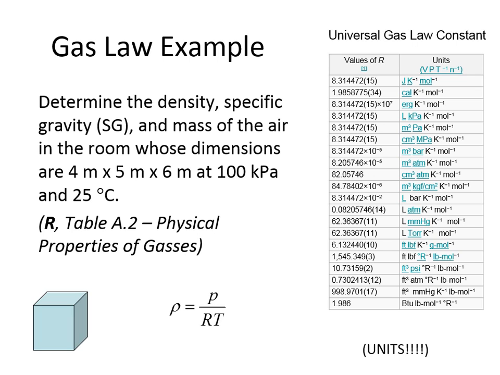So the way that this is all going to work out is that the pressure is 100,000 kilogram per second squared times meter, the R value is 287 meters squared per second squared times Kelvin, and then the temperature is 298 Kelvin. So that works out to a density of 1.169 kilograms per cubic meter.